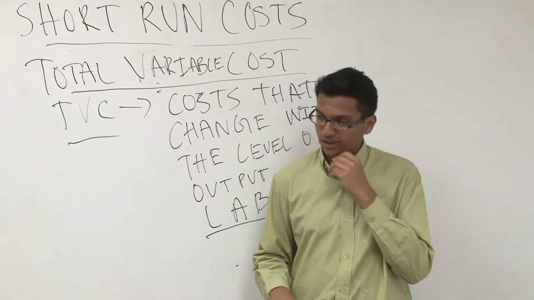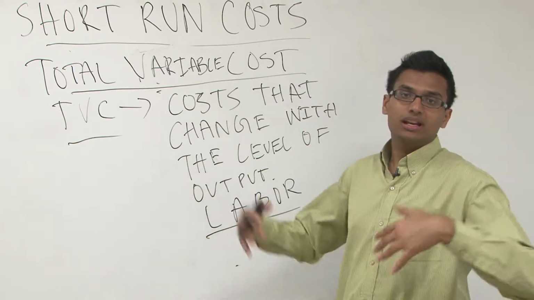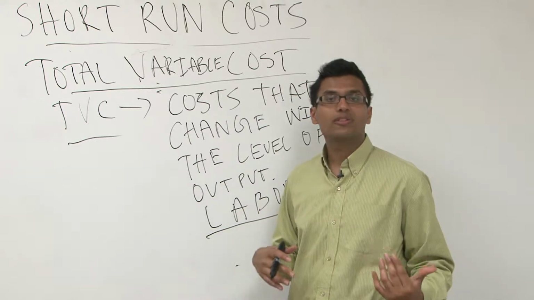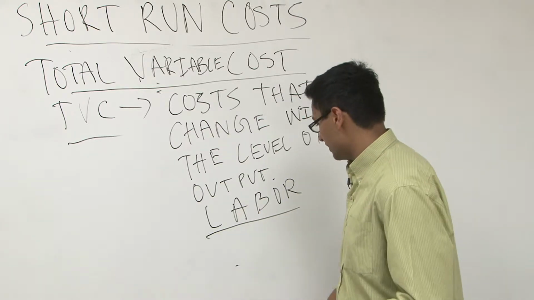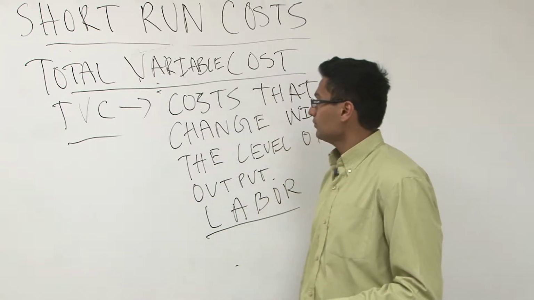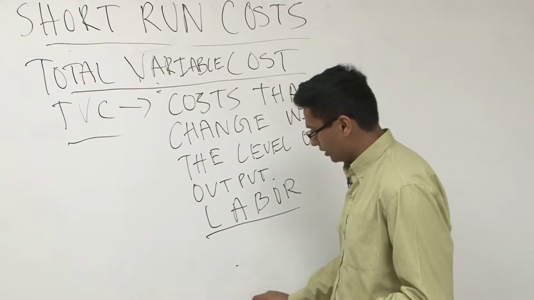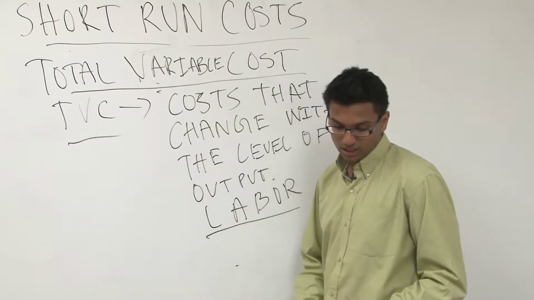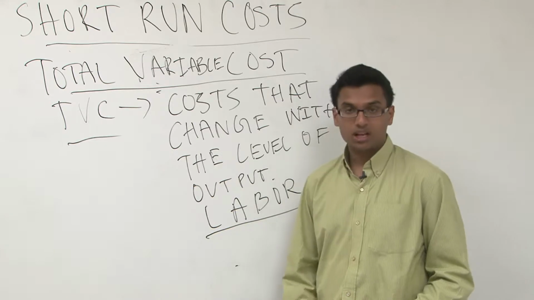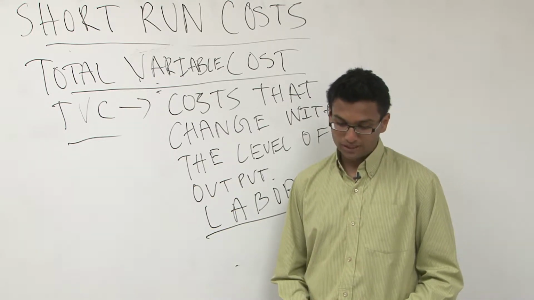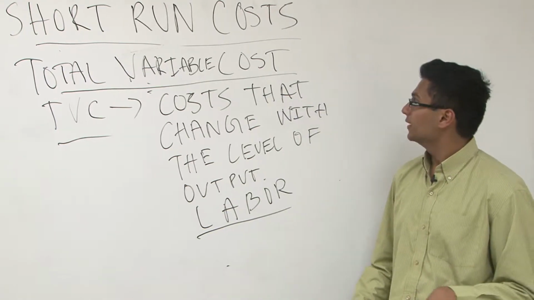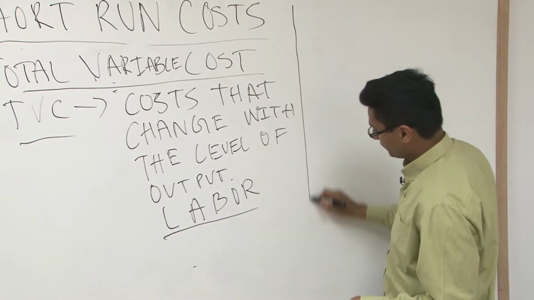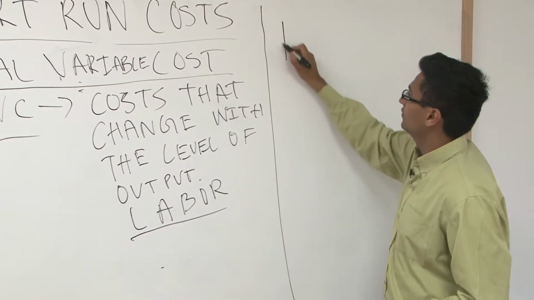The last term we have is total cost, which is the happy marriage between both total variable costs and total fixed costs. So let me use this part of the board here to use total cost. Total cost, we said, is a sum of the total fixed and total variable costs at each level of output. So what is total cost?